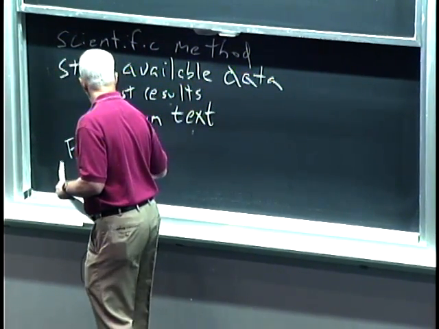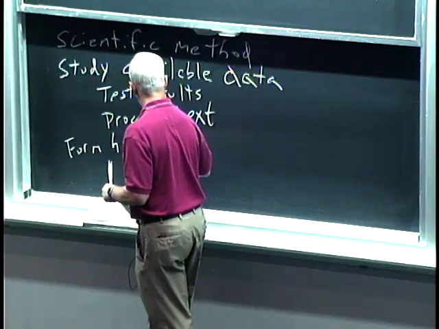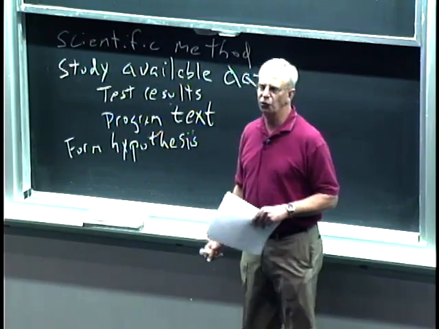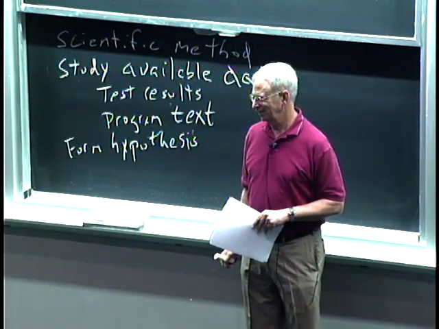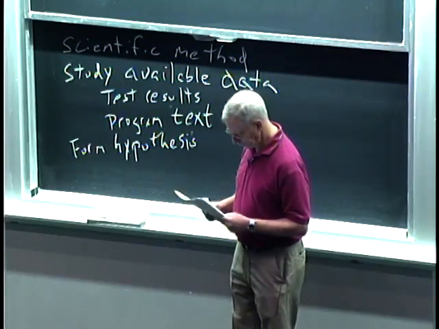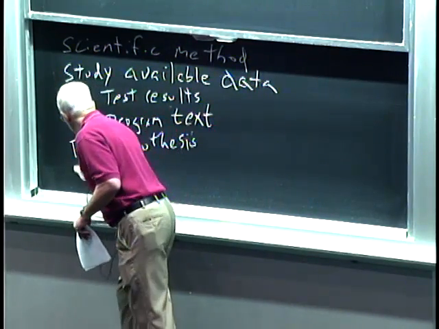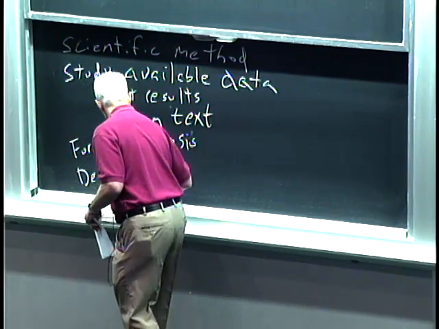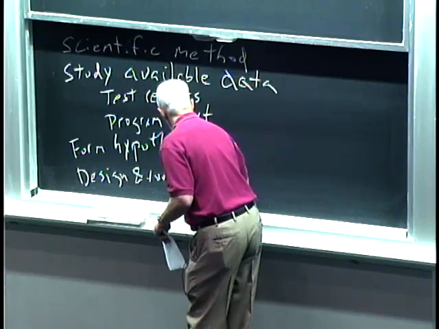You then form a hypothesis consistent with all the data. Not just some of the data, but all of the data. And then you design and run a repeatable experiment.